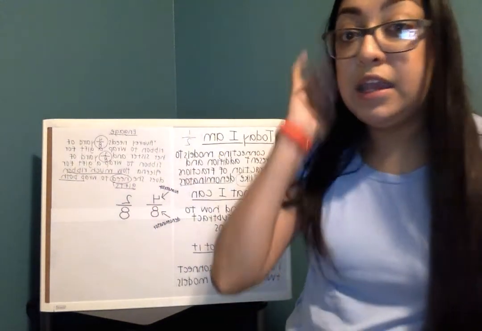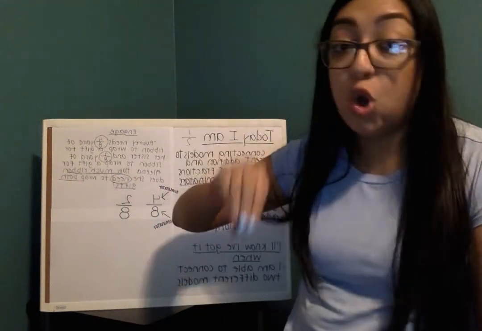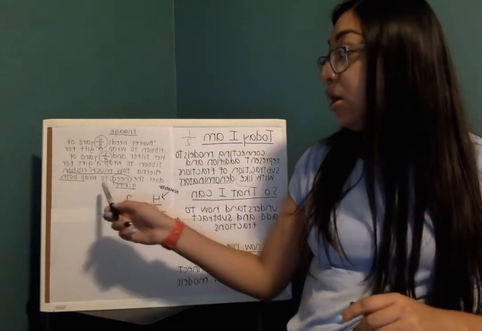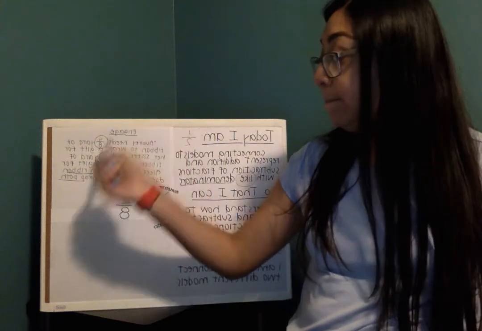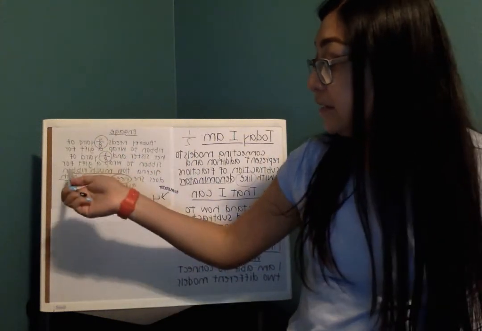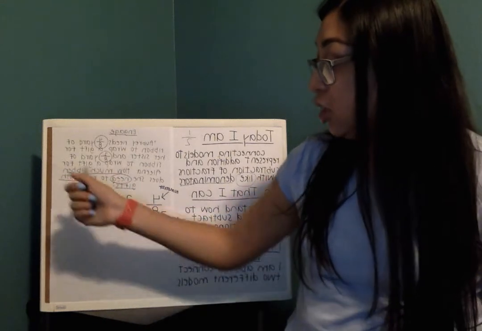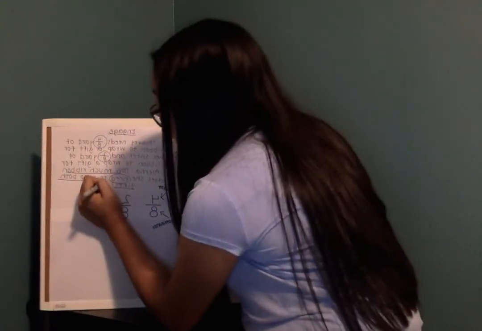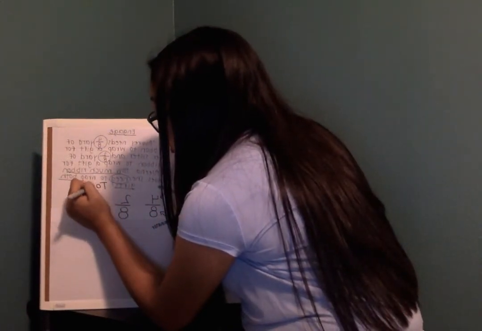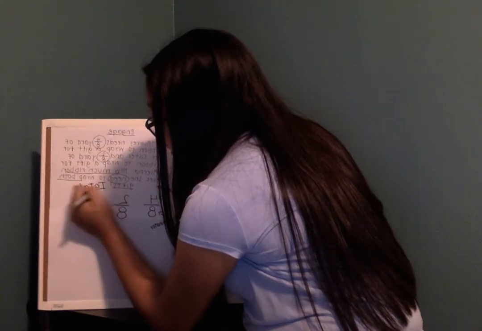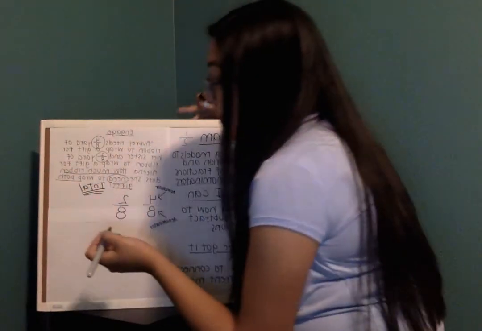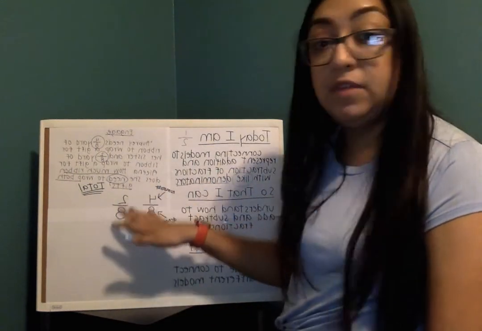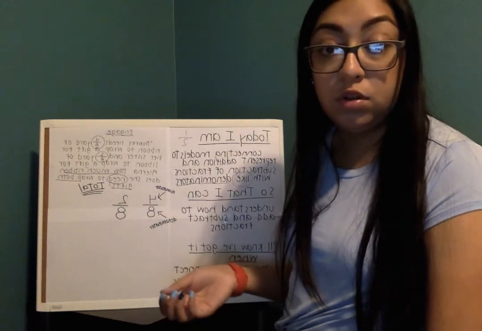So how much in total is she going to need for both gifts? So when we read the problem, and it says how much ribbon does she need to wrap both gifts, we're thinking of a total, right? We need to figure out the total amount of ribbon that she needs. So what are we going to have to do to both of these in order to find a total?